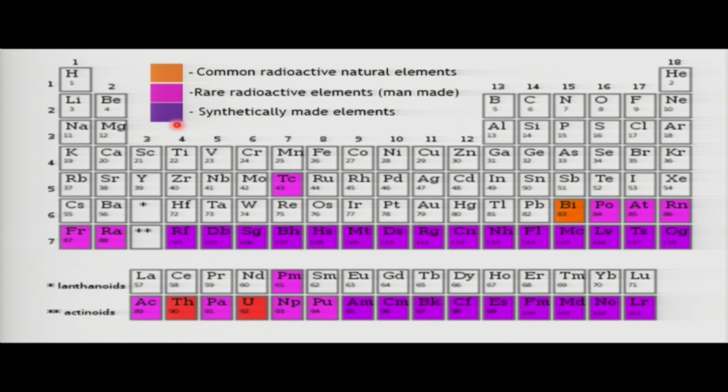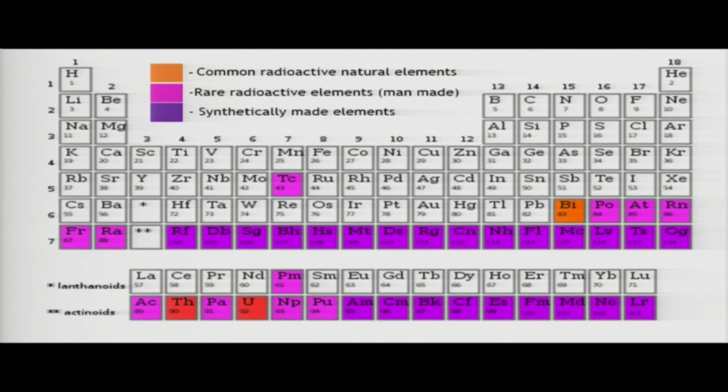Then the purple are basically synthetic. Most of these are synthetic. But this one is a natural occurring, but very rare, so it is also synthetically made. Or actinium, and so on. So this is a periodic table showing the radioactive elements. You see there are very many, actually very many.